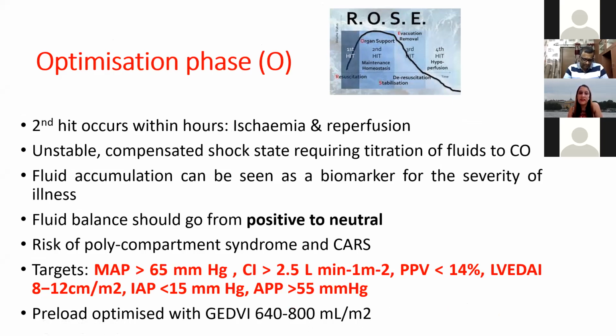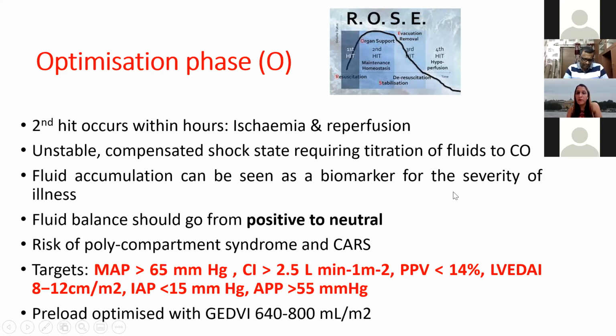The next phase is the optimization phase. This is an unstable, uncompensated shock requiring titration of fluids to cardiac output. So once we do the resuscitation, the optimization phase has to start once the second hit occurs. That's when ischemia reperfusion injury starts. Here, fluid accumulation can be seen as a biomarker for the severity of illness.